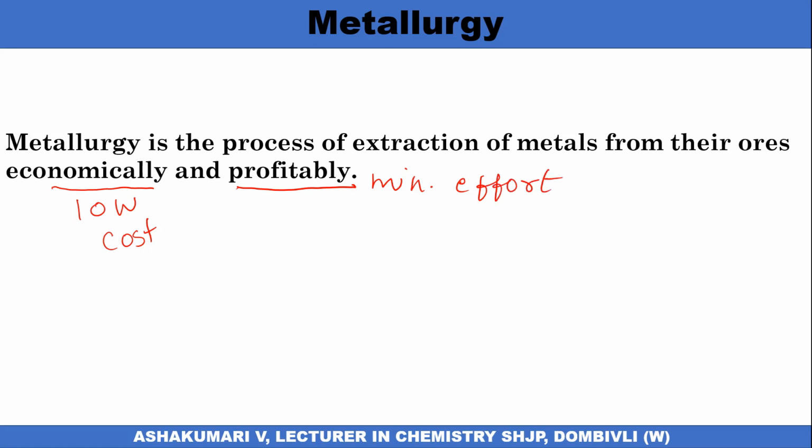The extraction of metals depends upon the nature and properties of the metal. Hence, different types of ores like sulfides, oxides, carbonates, sulfates, etc. have to be treated differently for the recovery of pure metals from them.